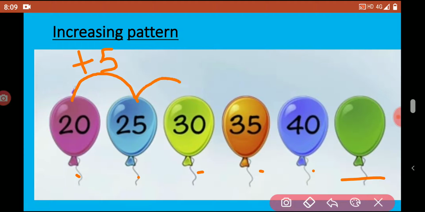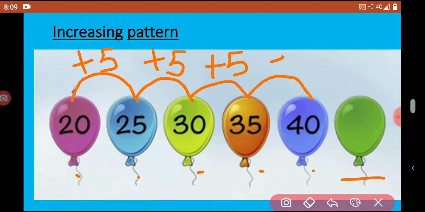Then again we add 5 with 25, the answer is 30. Then we add plus 5, then 35. Then again we add plus 5 with 35, the answer is 40. So 40 plus 5 is 45. So in this pattern, the rule of plus 5 is followed.